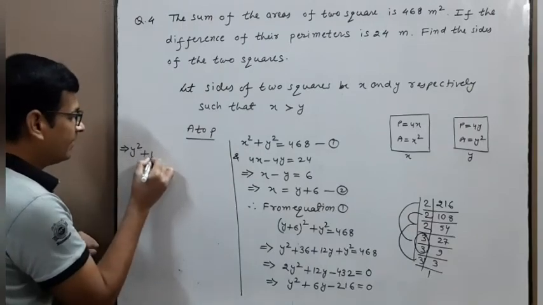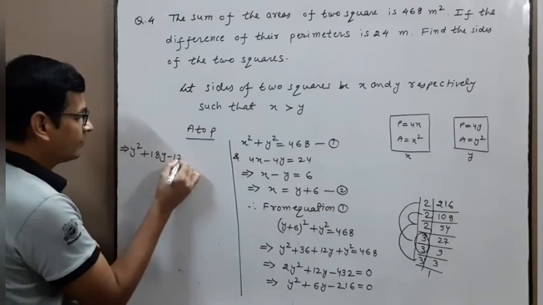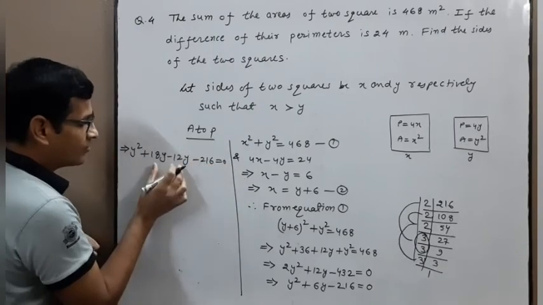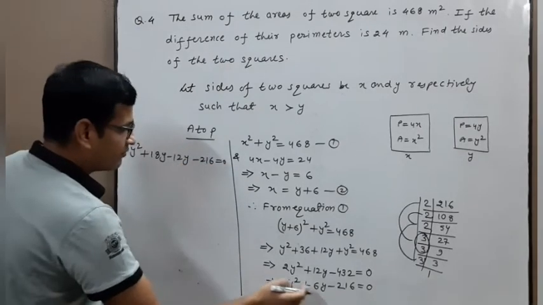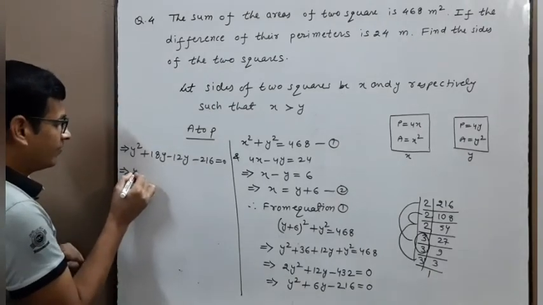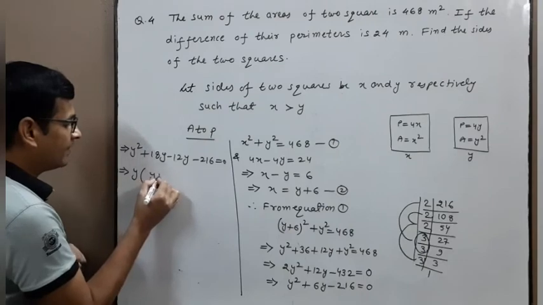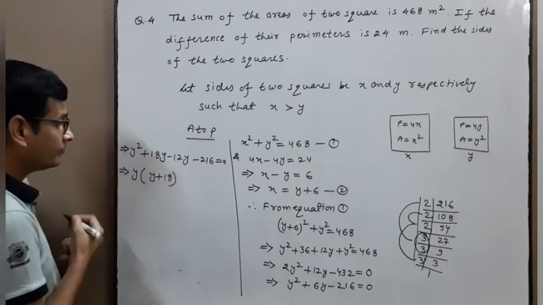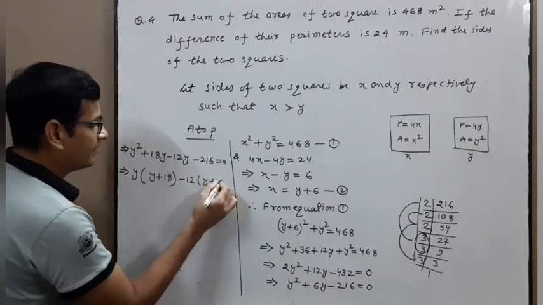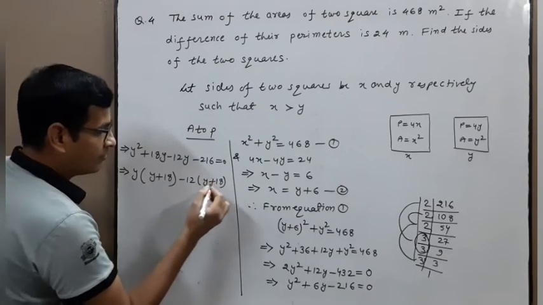So 18y minus 12y minus 216 equal to 0. The sum of these two numbers is 6y and the product is 18 into 12, 216. y is common, so we get y plus 18, minus 12 common, so we get y plus 18 is equal to 0.